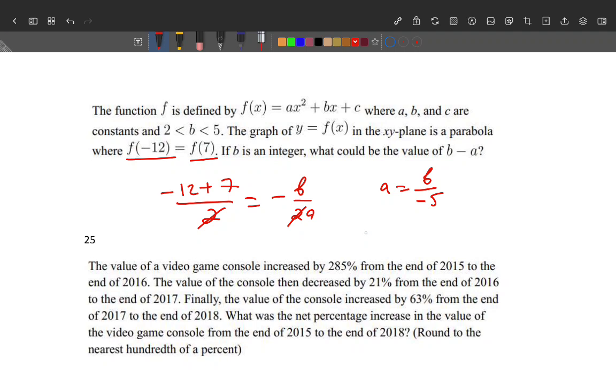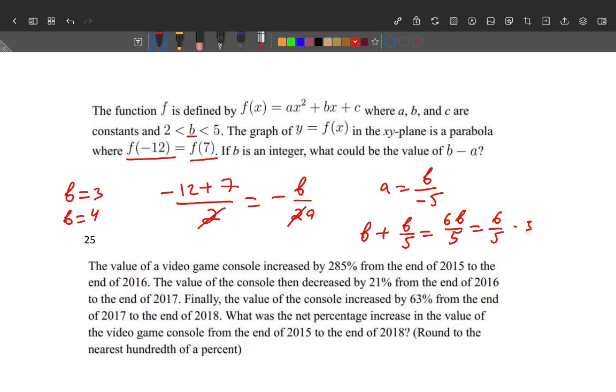B minus a is b plus b divided by 5, 6b divided by 5. B is an integer, because of this I can take b is 3 or b is 4.